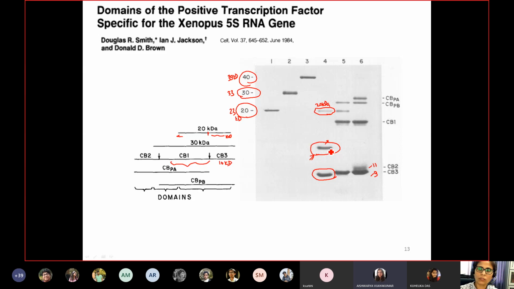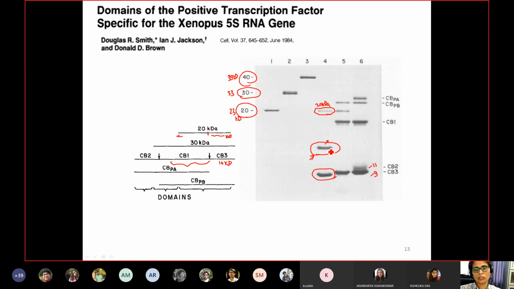But it has to do something with the oxidation state, because that was the major cause for the different running pattern, specifically from the purification time. If you see the purification history of transcription factor 3A, some scientists isolated it at 34 kilodalton, some at 37, and some at 40.